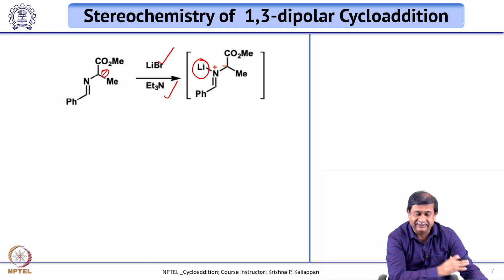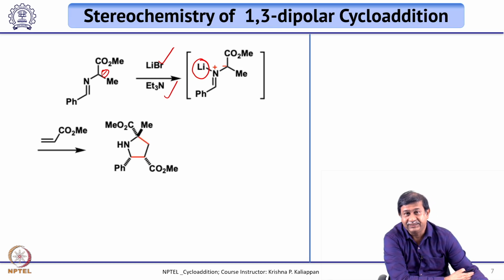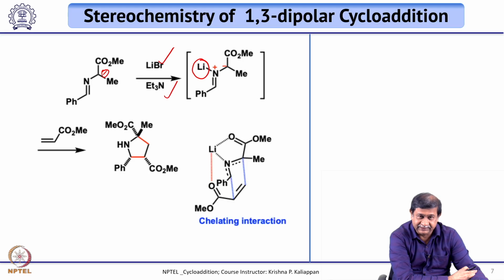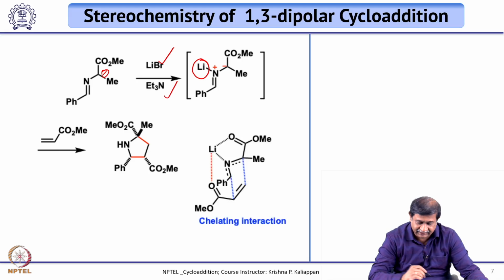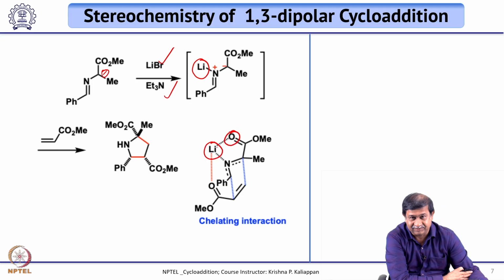Once this is generated in situ, you can do a 1,3-dipolar cycloaddition with dipolarophiles like methyl acrylate. Now for the methyl acrylate, if you draw the transition state, you can see here this is the transition state. Because of the presence of lithium, it will coordinate with the carbonyl group of the ester.